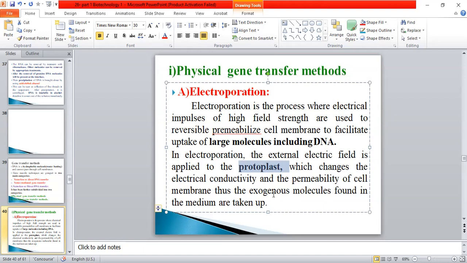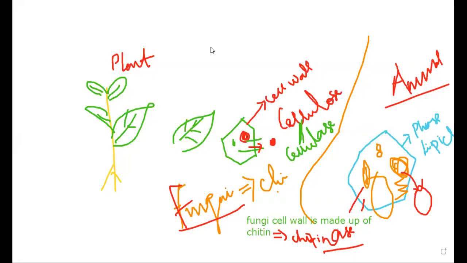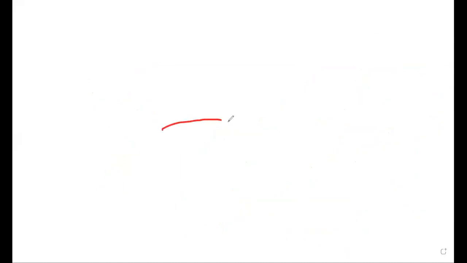We need only the protoplast, not only the protoplasm. Inside there is another cell membrane with its own permeability, and exogenous molecules are also found. Let me show you an example. Just imagine this is a cell.